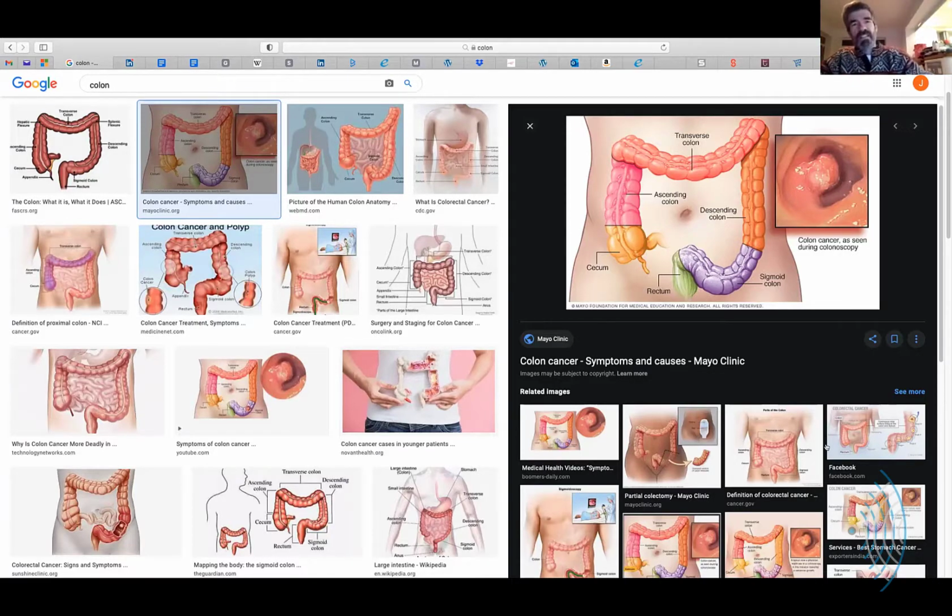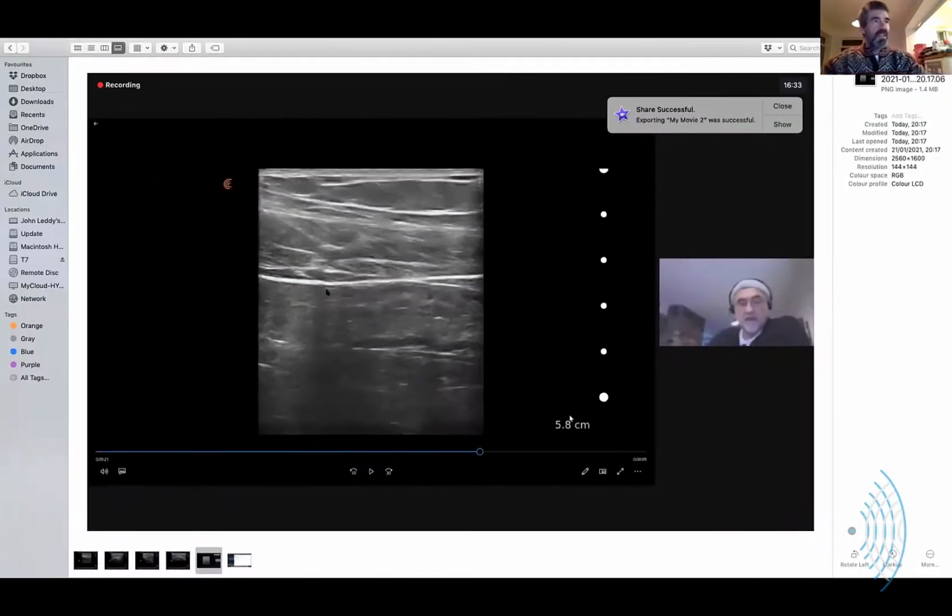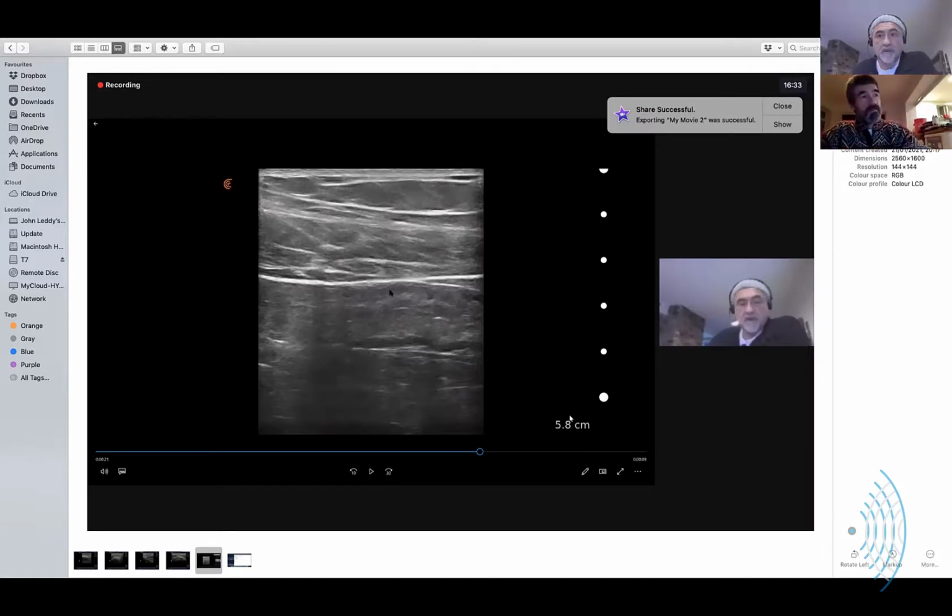Everything else that you see in your slide here is this sort of caliber and shrinking, and you'll often see it going up and down like this, particularly if they've just eaten. In slimmer people you'll see it a lot. In larger people it's often buried under what's called omental fat.